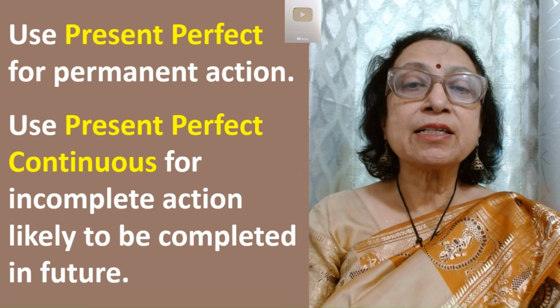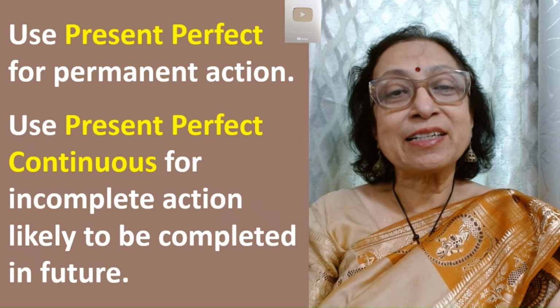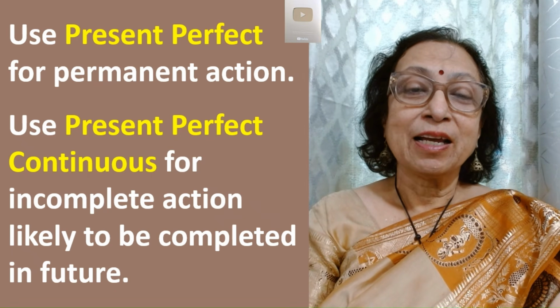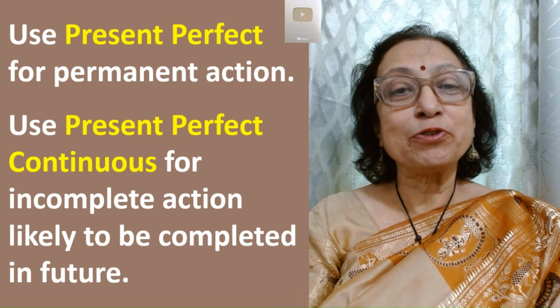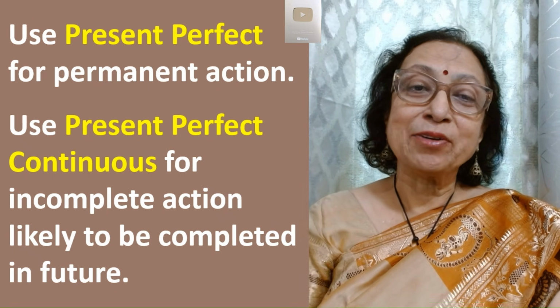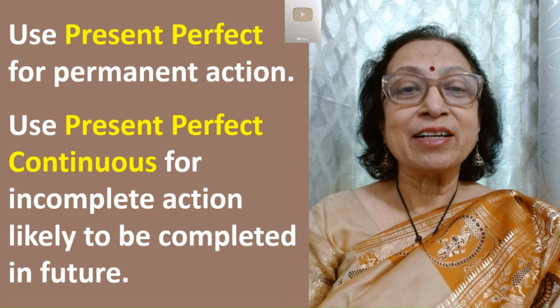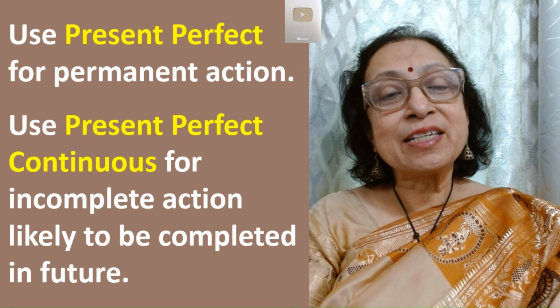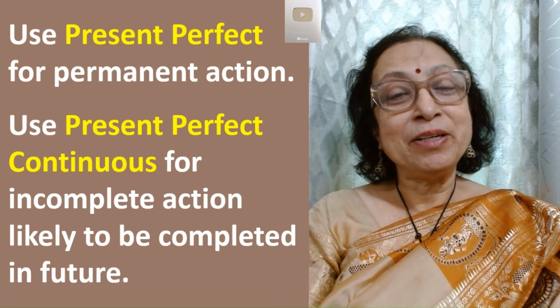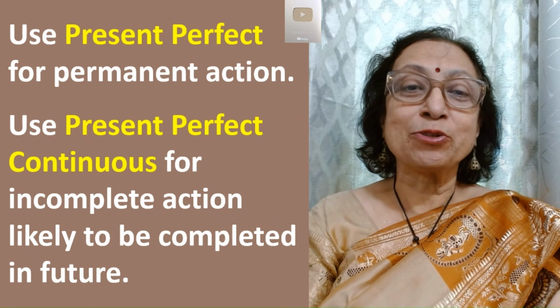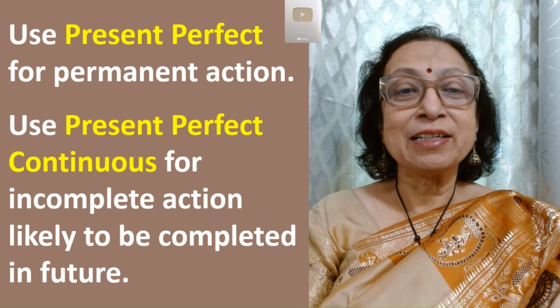For instance, I'll give you one example to make it clear. Suppose you have done a job and now you don't need to do it again. It's permanent. It's there. It is available. You can say, I have learnt English. That means now you know English. You don't need to do anything more to learn English.